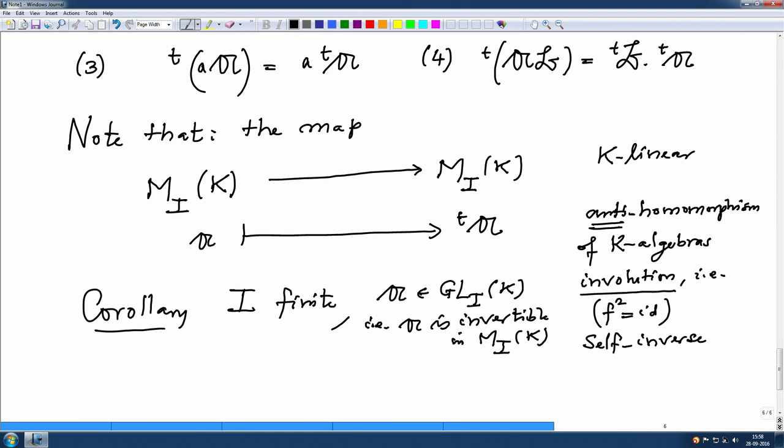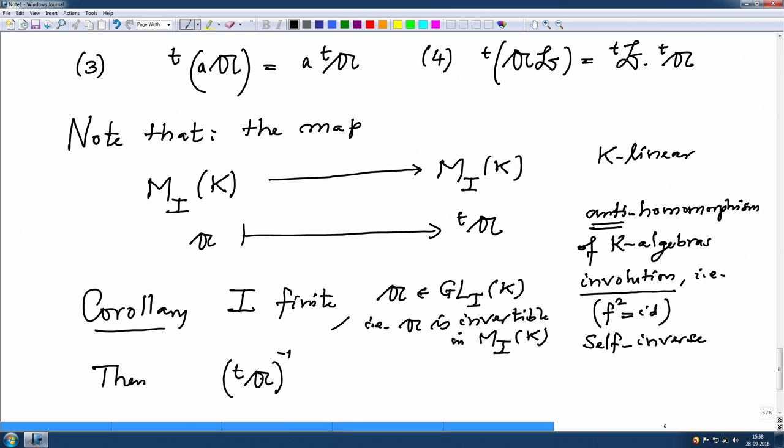Okay, then on one hand you take the transpose first and then the inverse. Note that if A is invertible, the transpose is also invertible. That will follow from one of these rules. If A is invertible, there is a matrix B so that AB is identity, and the transpose of that will be the other way.